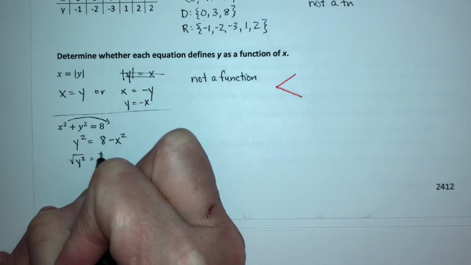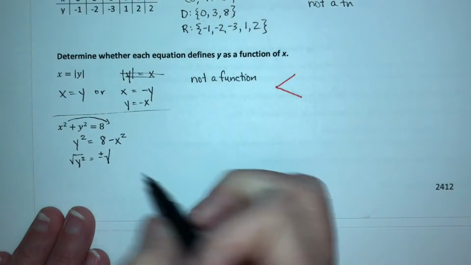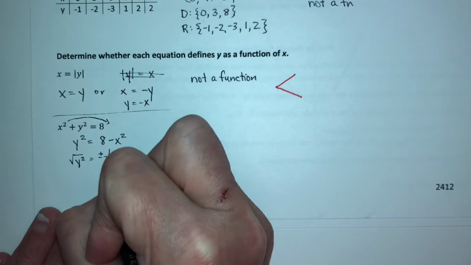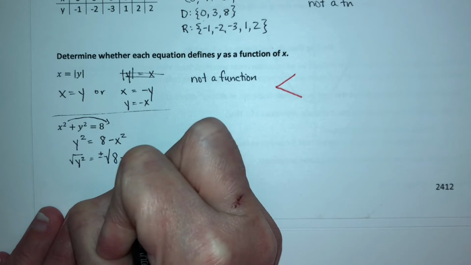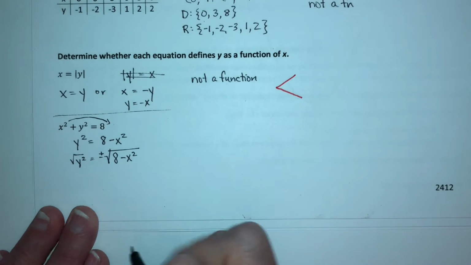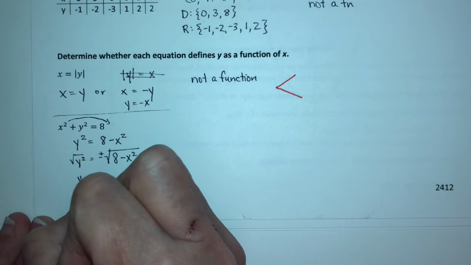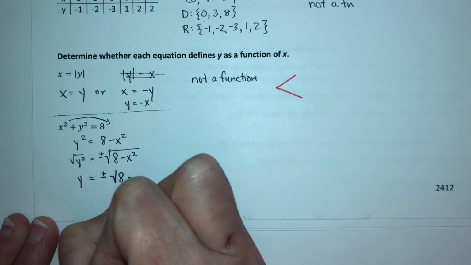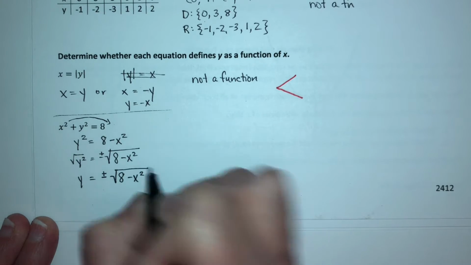But when we take the square root of both sides, or actually any even root of both sides, we have to add the plus or minus. So we get y is equal to plus or minus the square root of 8 minus x squared.